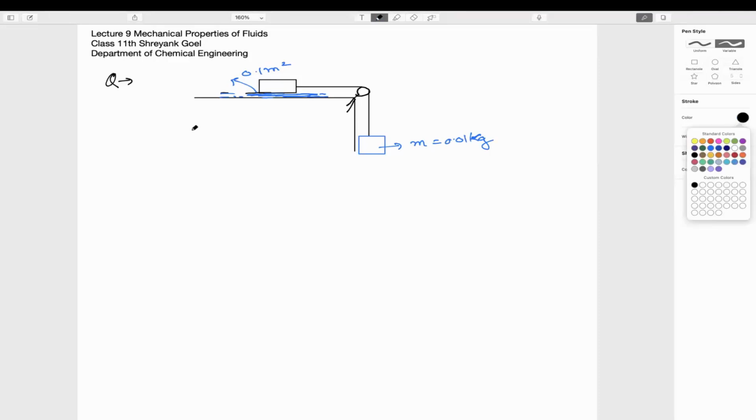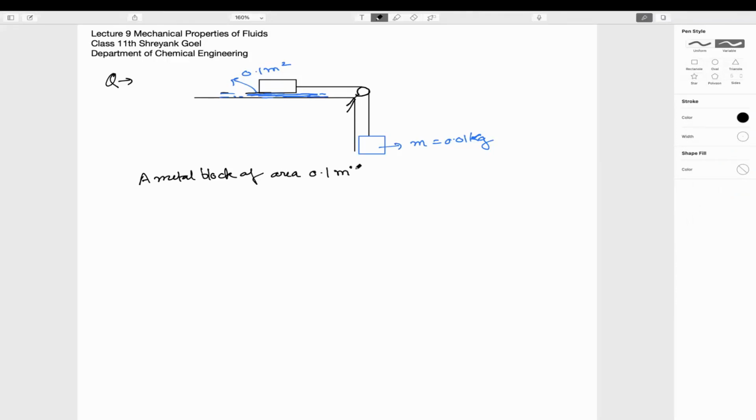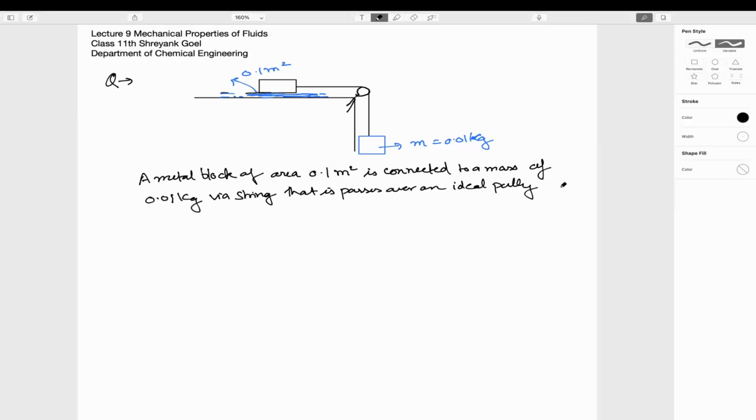So the question is: a metal block of area 0.1 meter square is connected to a mass of 0.01 kg via a string that passes over an ideal pulley.